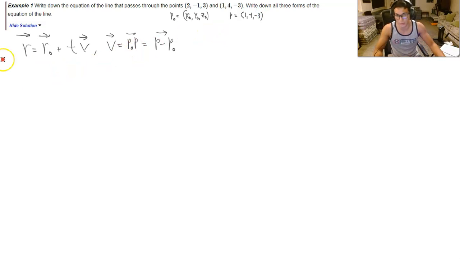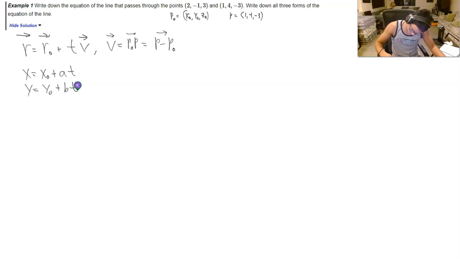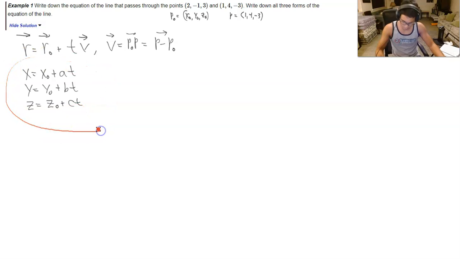Okay, the second equation we're going to use here, I'm just writing down the equations before, is x is equal to x0 plus at, y is equal to y0 plus bt, and z is equal to z0 plus ct. And then with these 3 equations, these can lead into one big equation where it's x minus x0 over a.